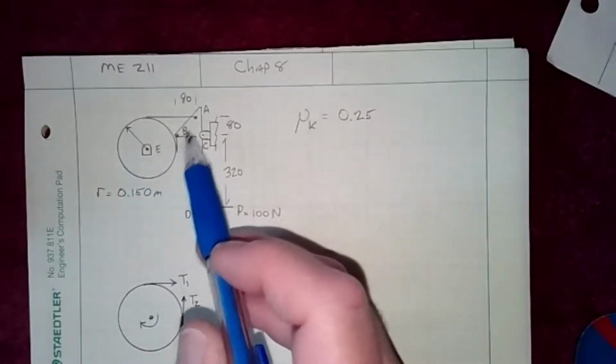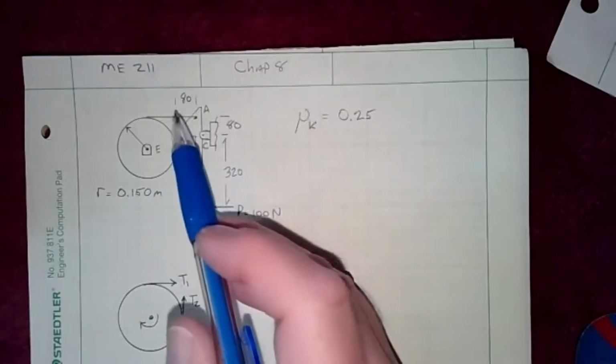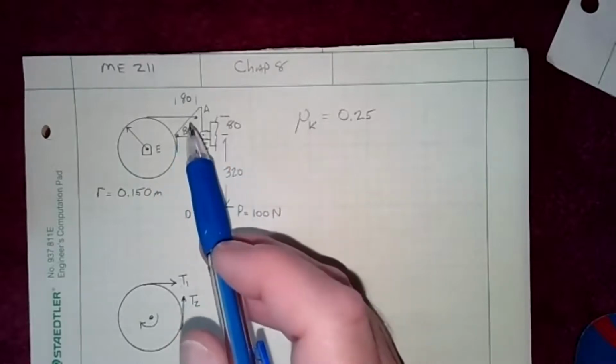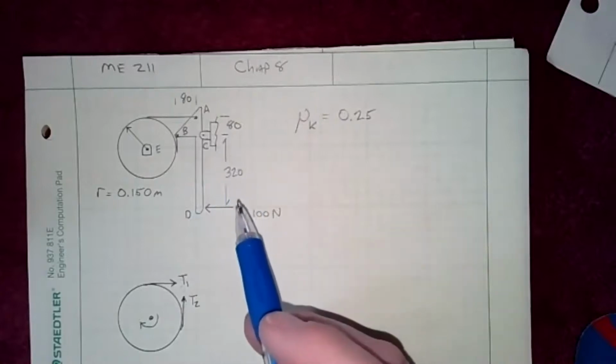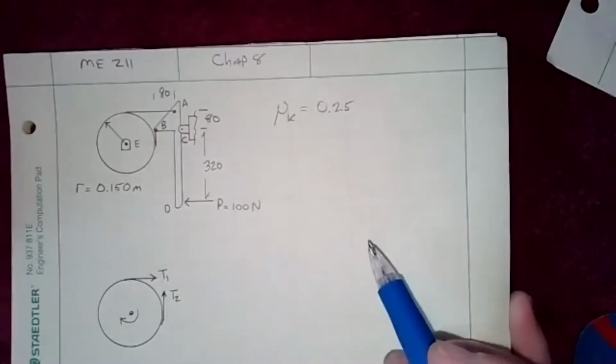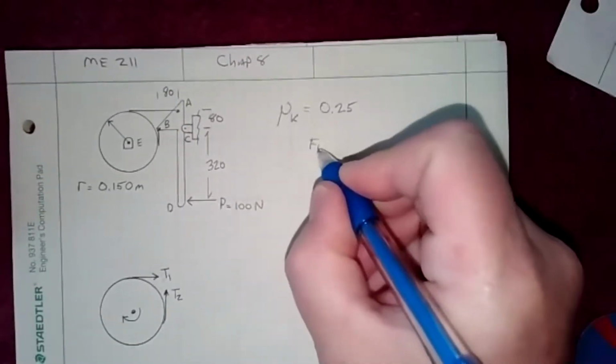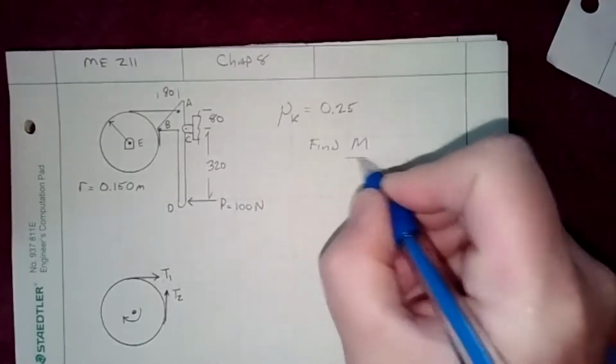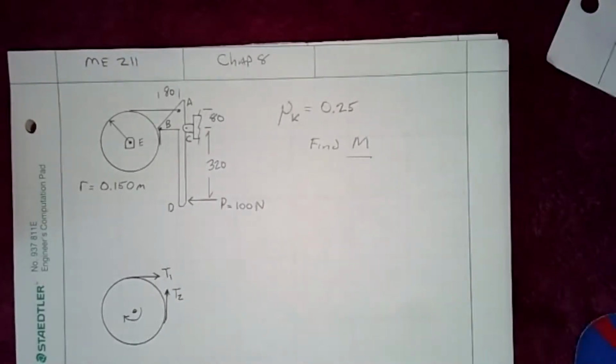We have this contact at B, contact at A. We know they're 80 and 80 equidistant, and then we have this 320 from here down to the applied force. So again, we're trying to find the moment.